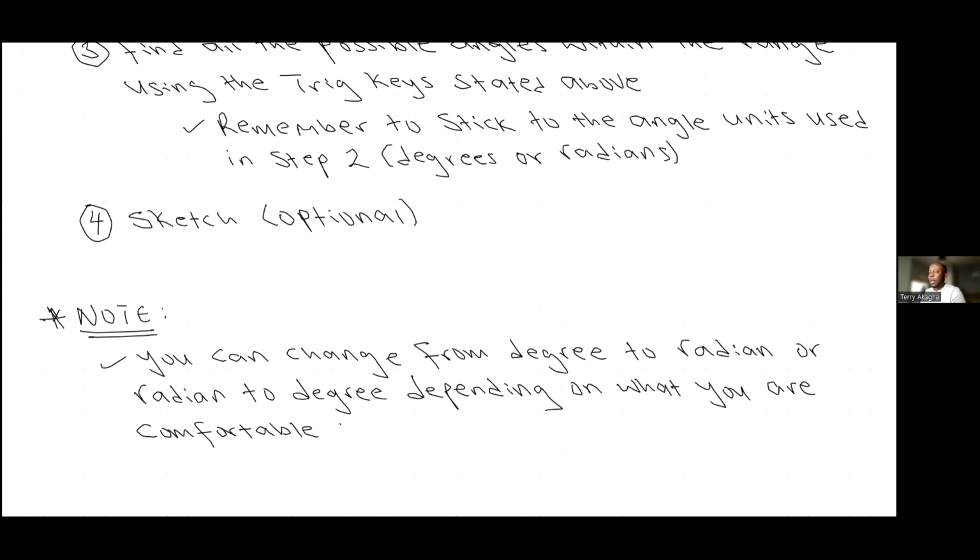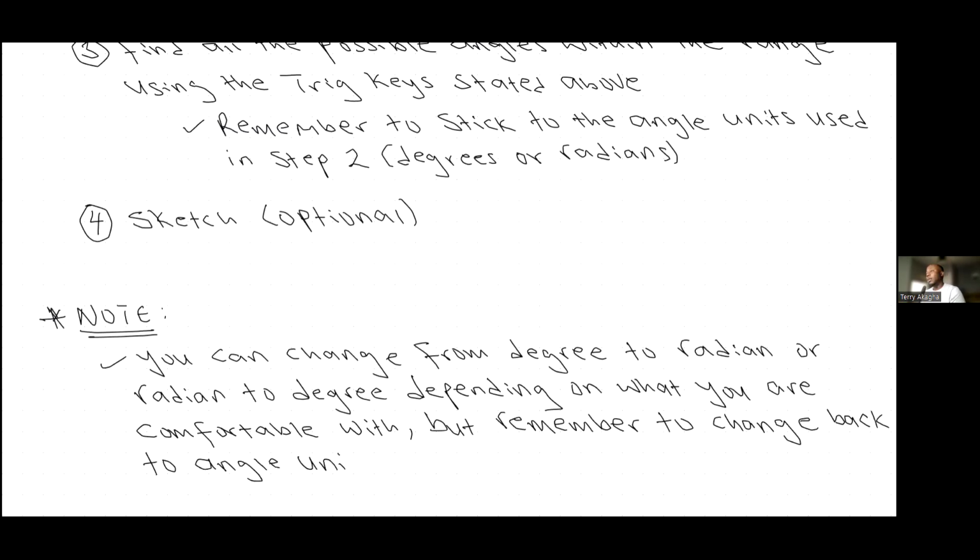But one thing I need you to remember is to change it back. Remember to change back to the angle units required in the question.